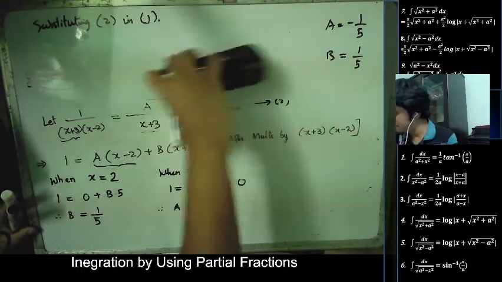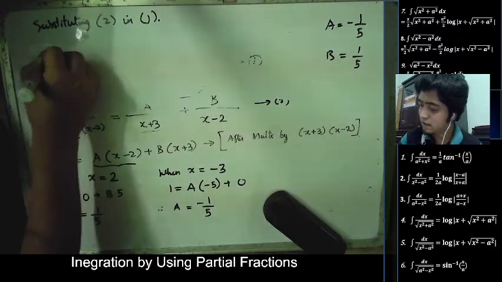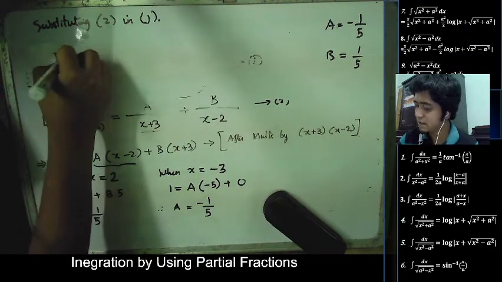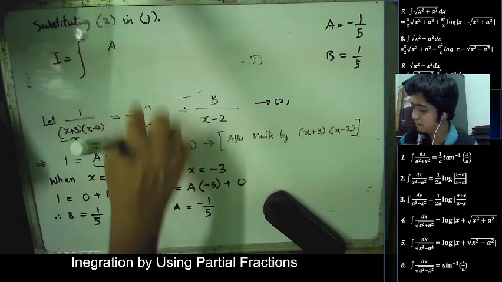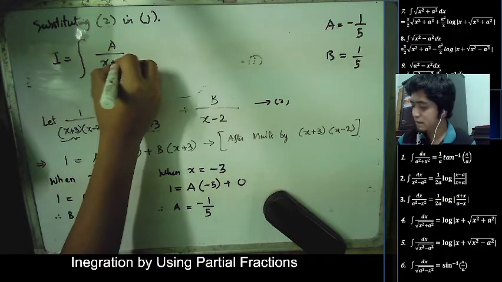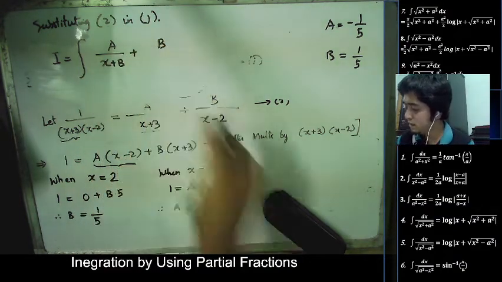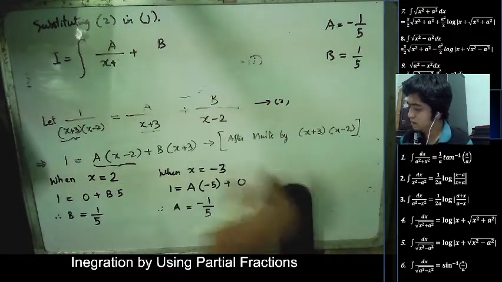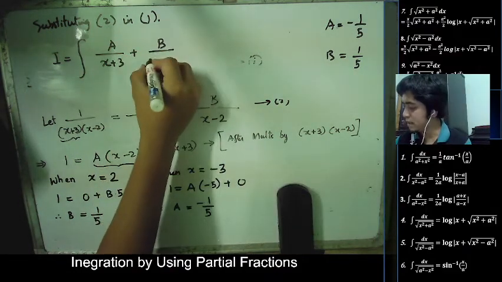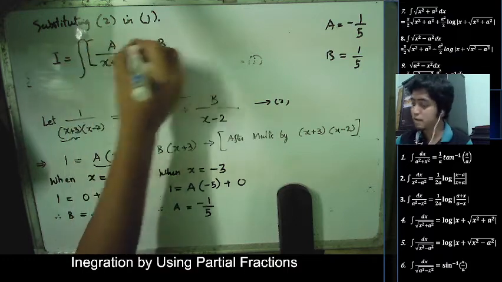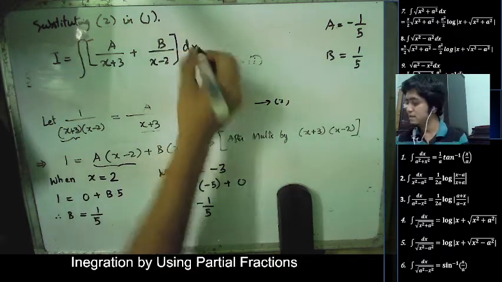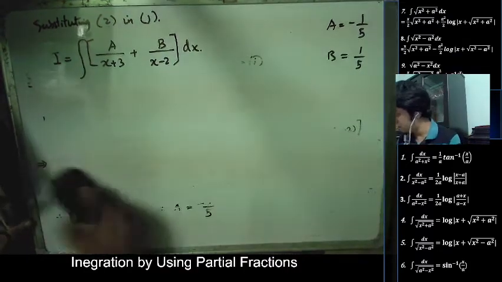So if we do that, we will be having a divided by x plus 3 plus b divided by x minus 2, and over here we will be having dx. So this is what we have.